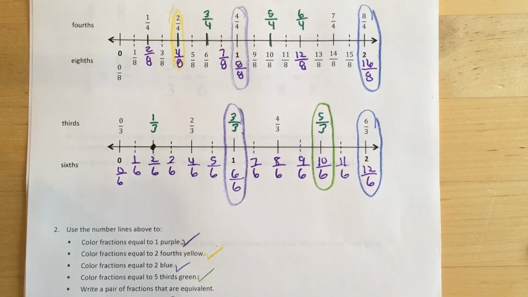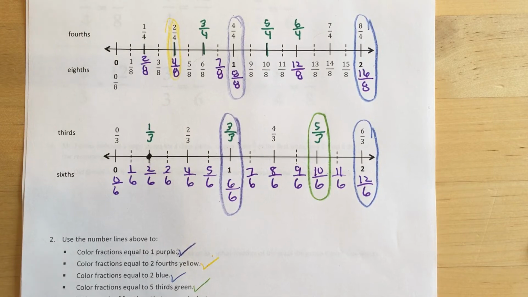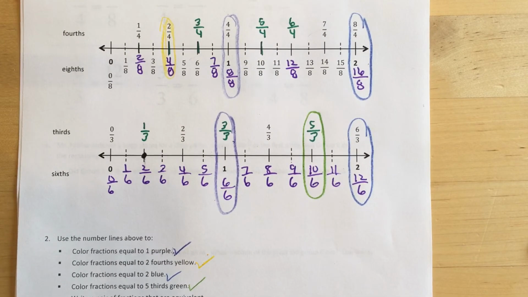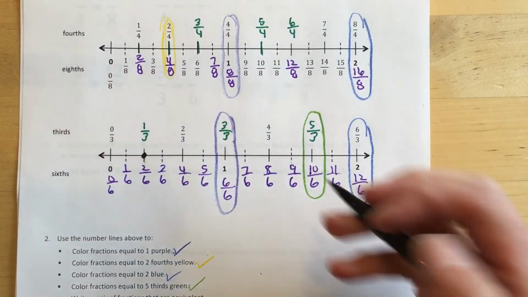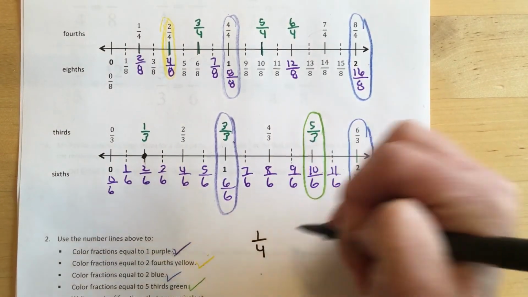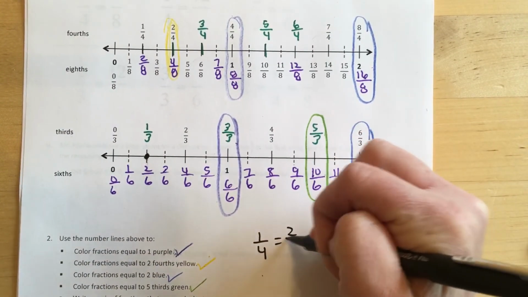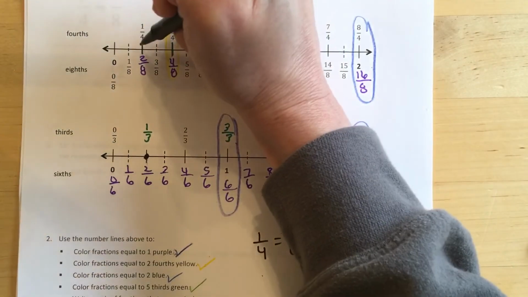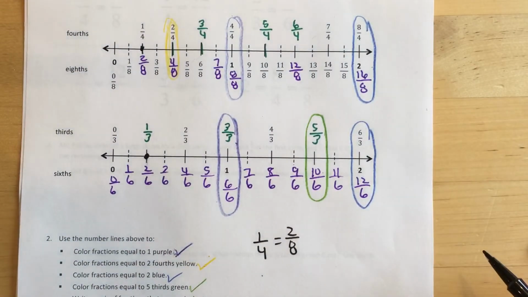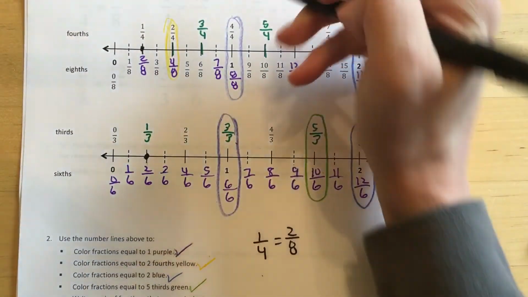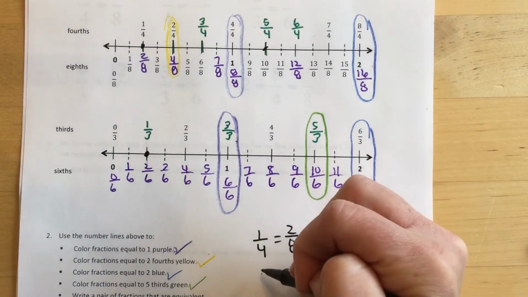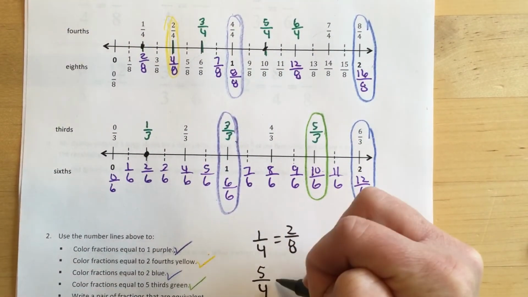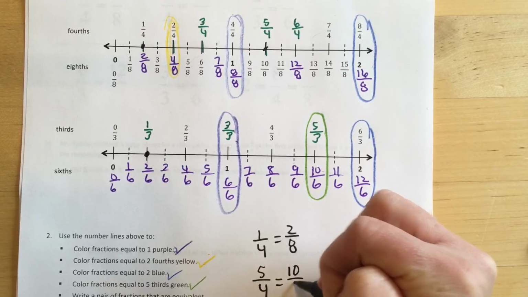Let's find a few more pairs of equivalent fractions to write down. 1/4 and 2/8. I can say they are equal. They share a spot on the number line. What about 5/4 and 10/8? Those are equal. And let's find one more.